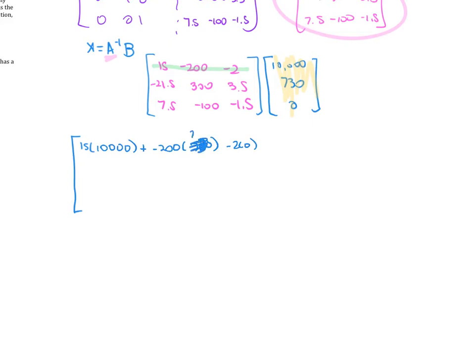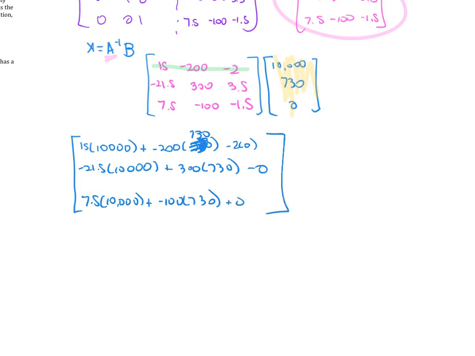Then -21.5 times 10,000 plus 300 times 730, and then plus 3.5 times 0. And then 7.5 times 10,000 plus -100 times 730, and then minus 1.5 times 0. Okay, if you plug that all into a calculator, the answer will be 4,000, 4,000, and 2,000.